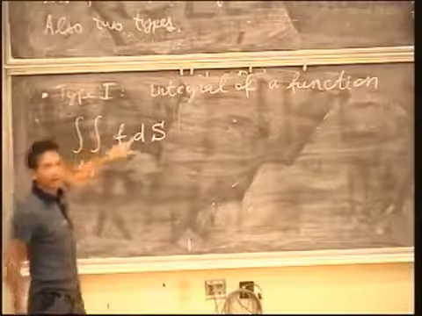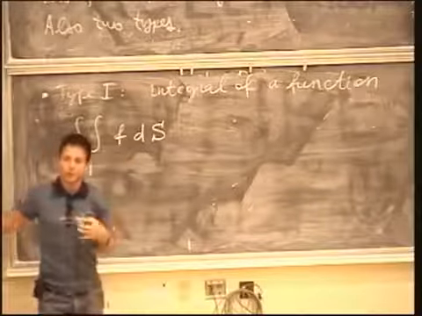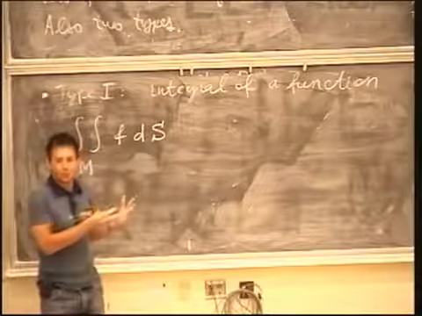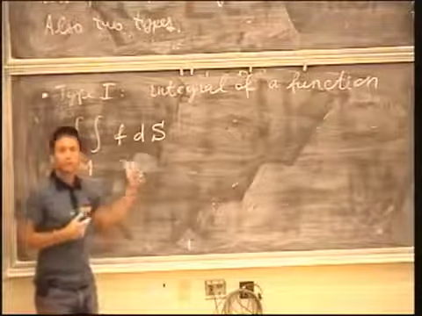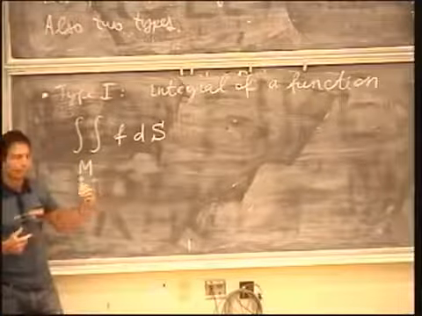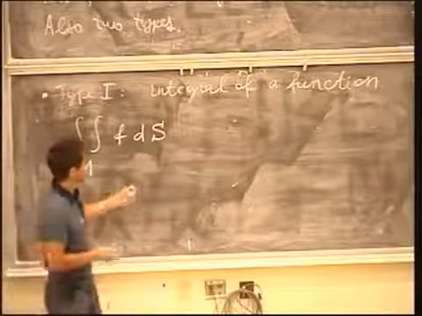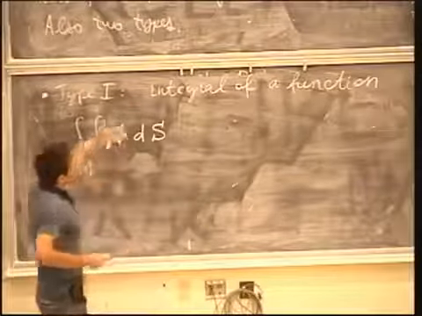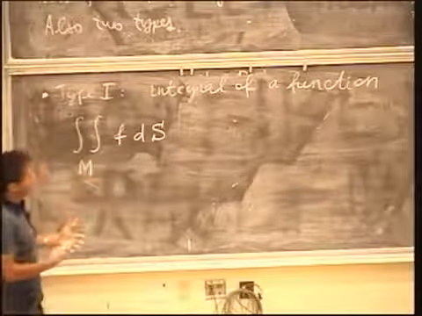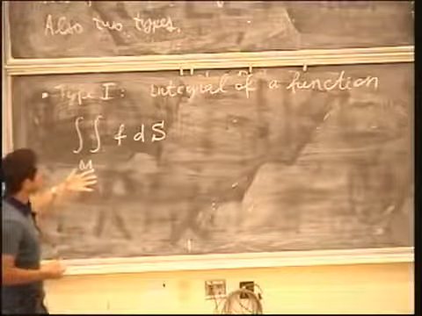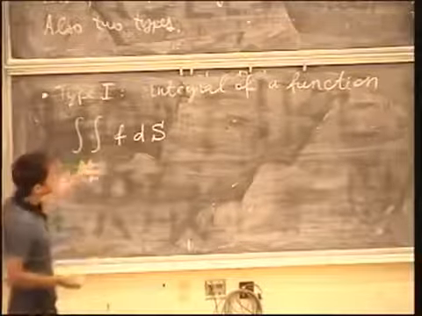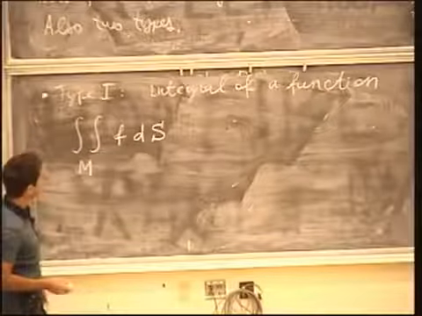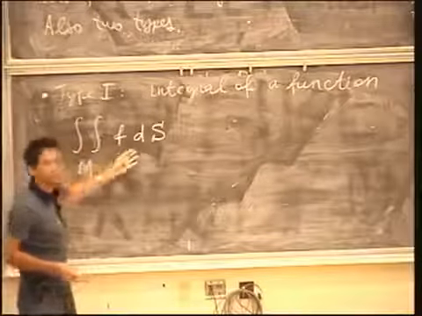So this is not yet the kind of integral which will show up in Stokes' theorem. This is a preliminary integral, like the type 1 integral in the case of curves. We will use it to define surface integrals for vector fields. The reason we define them first is because they're easier to define than the other ones, and we will actually use this theory to define the integrals of the second type. So what does this integral represent?